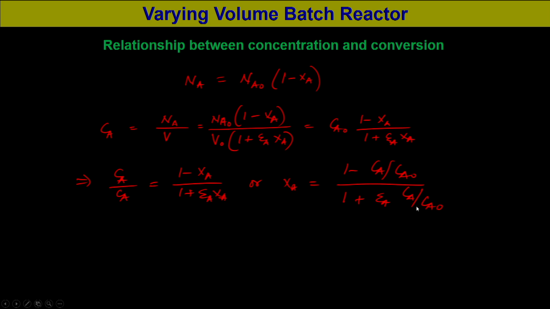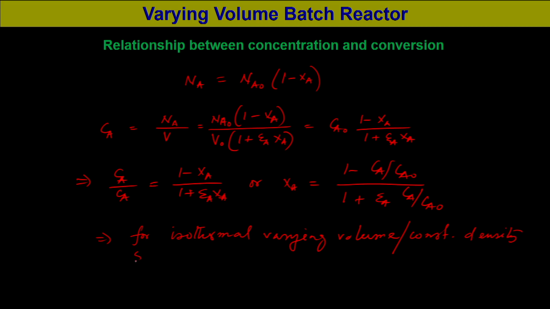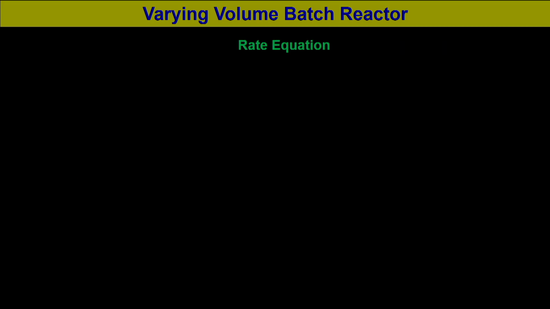This is the relation between the concentration and conversion for isothermal varying volume or constant density systems.